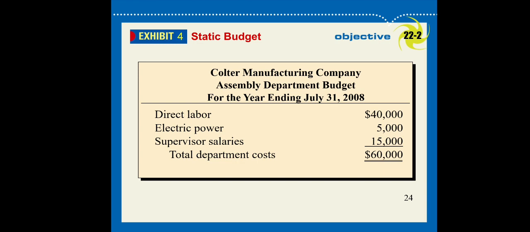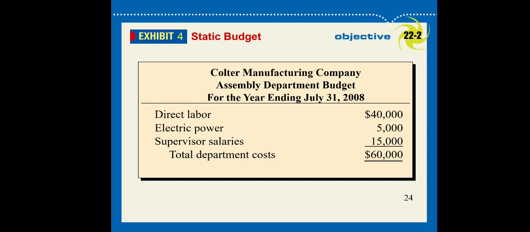The business will show expected figures for items related to the budget. In this example, the budget is the cost for the assembly department. The budgeted amount, or the expected amount, is $40,000 for direct labor. Electricity, $5,000. Supervisor salary, $15,000.